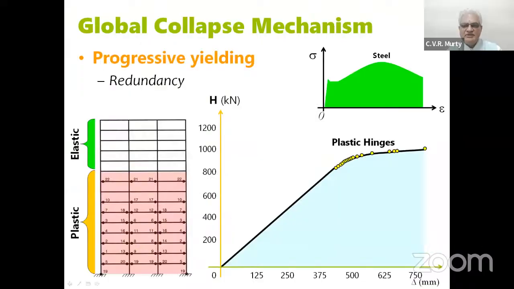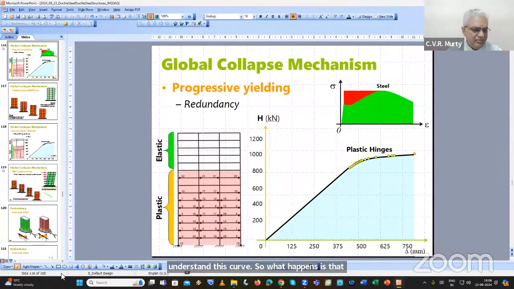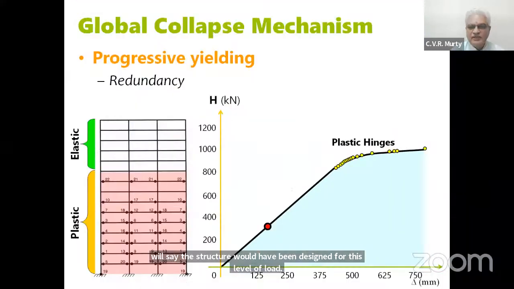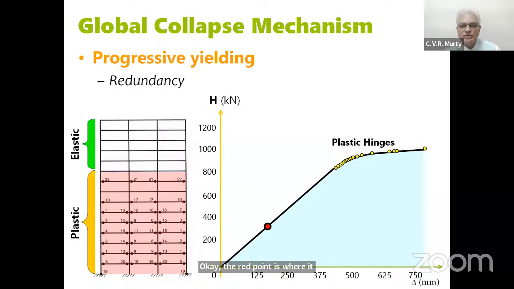I hope you understand this curve. I will say the structure would have been designed for this level of load. The red point is where it is designed. So let's say it's about 300 or so.